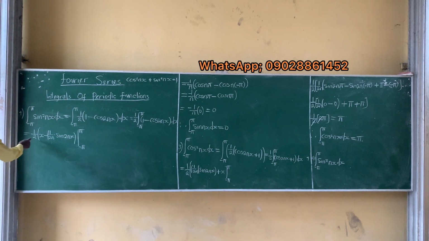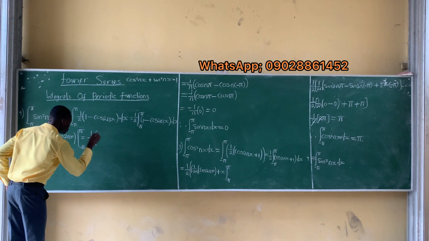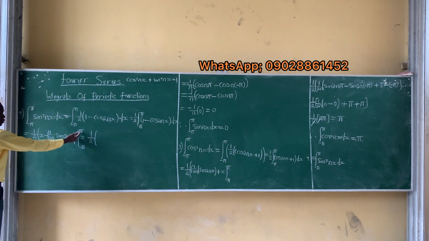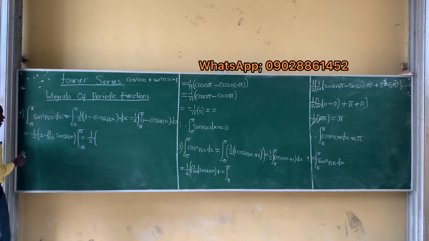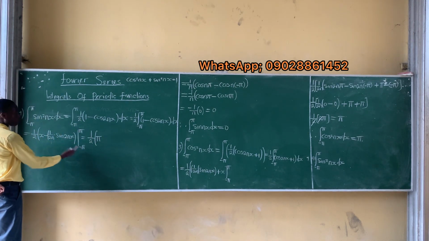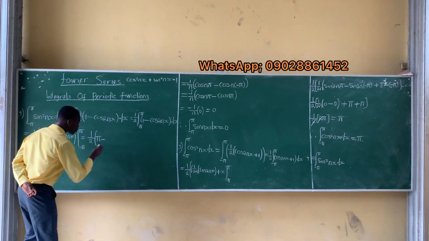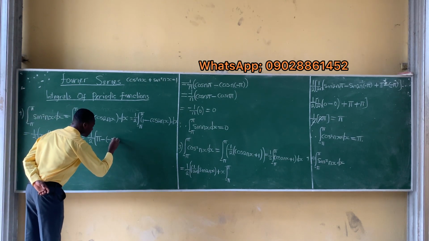So let's quickly take our limits. We have 1 over 2 into, if you substitute x for pi, you have pi. But don't forget, from the upper limit to the lower limit, you need to attach minus. Then the lower limit there is minus pi, minus pi.